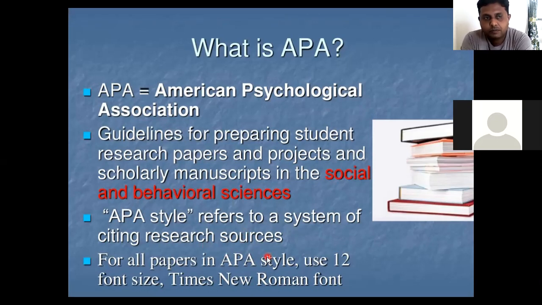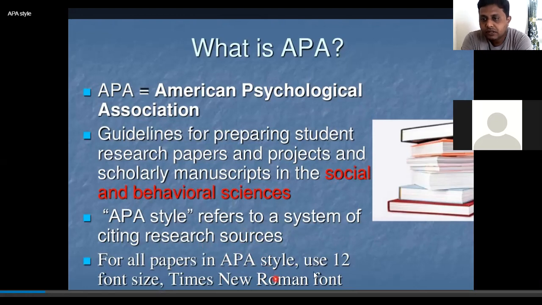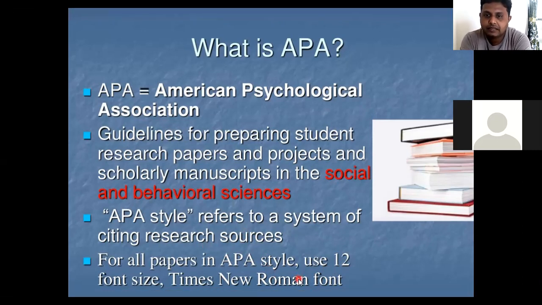If there is a research student of English, he must use the Times New Roman font and font size of 12. Same rule is there in MLA. So some common things are there and some different things are there if we compare MLA with APA.